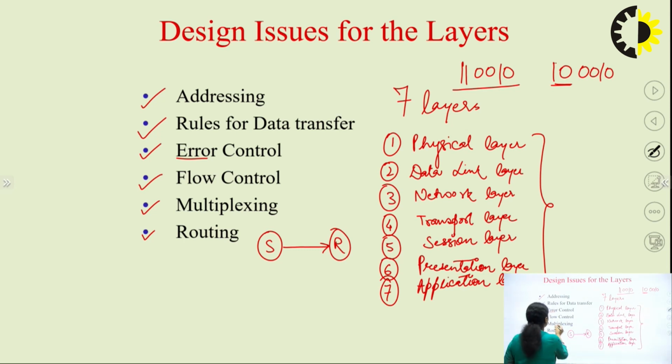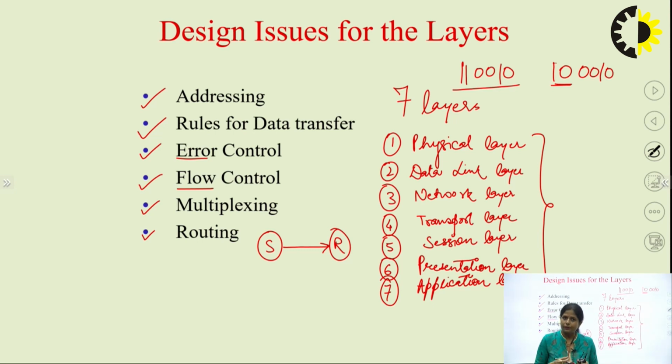Then flow control. What is flow control? As the name indicates, when there is a heavy flow of traffic, that means a sender is a fast sender and the receiver is a slow receiver. For example, what will happen if all of a sudden on your phone you get multiple messages and notifications from many applications?